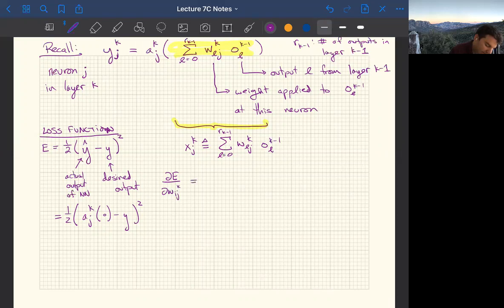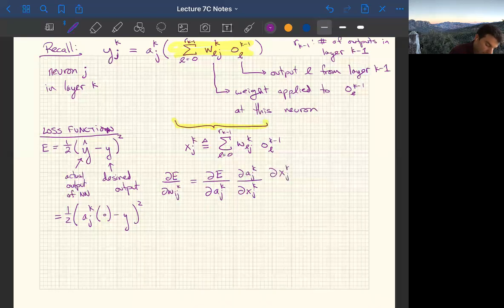And that ends up giving me this beautiful decomposition by the chain rule, where it's just the partial derivative with respect to each activation function, and then each activation function with respect to its argument, and then each argument, which is just a weighted sum, with respect to the weight that I'm interested in.